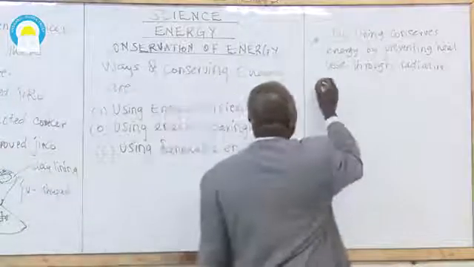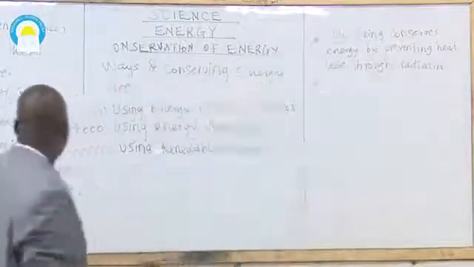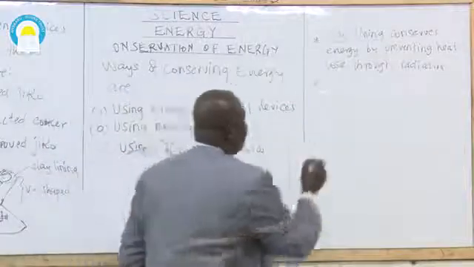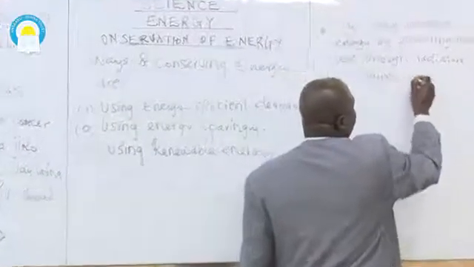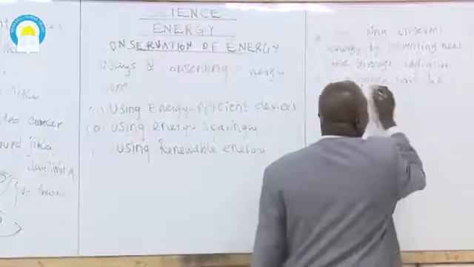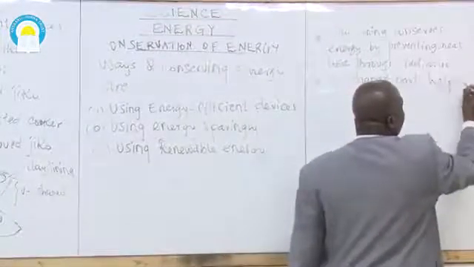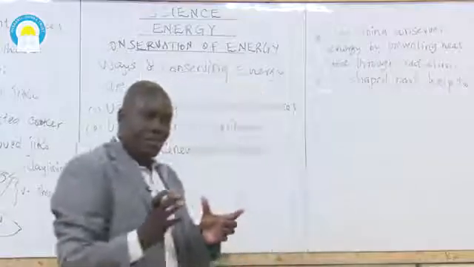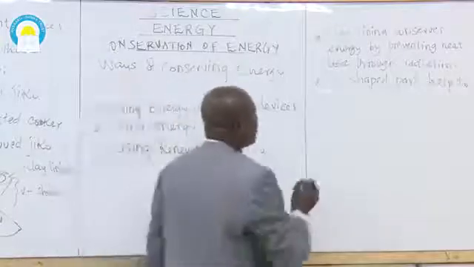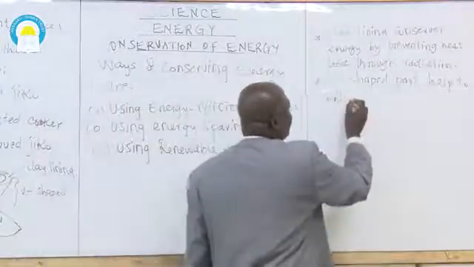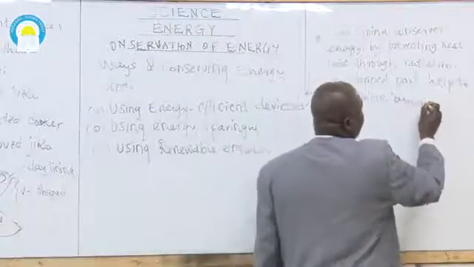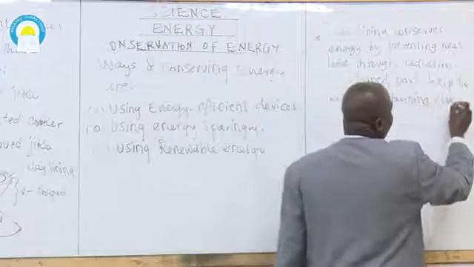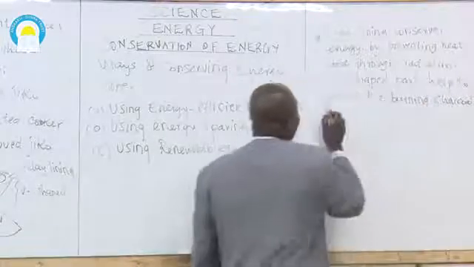Number two, we have the V-shaped part. It helps to collect or bring together the burning charcoal.